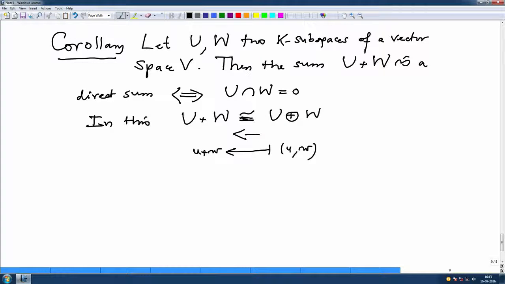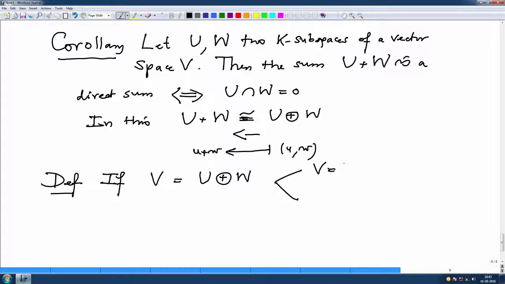So, that now leads to a definition: V is a direct sum of U and W. What does this mean? This means two things: V equals U plus W, the smallest subspace which contains both U and W is V, and U intersection W is 0.